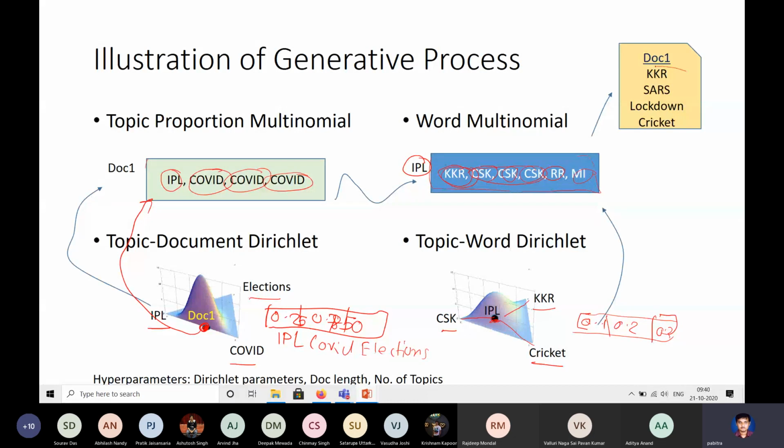And this I repeat n times to create doc1. And the entire thing I repeat d times to create the corpus, doc1, doc2, doc3. Okay, so this is the entire generative process that has been done.